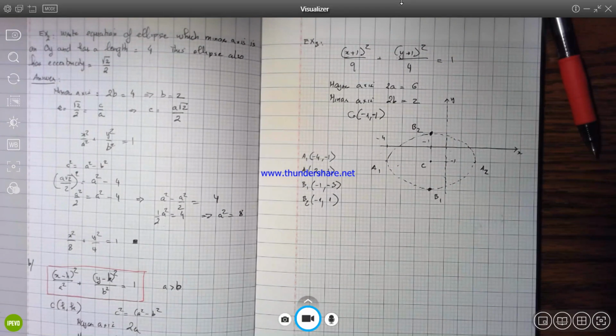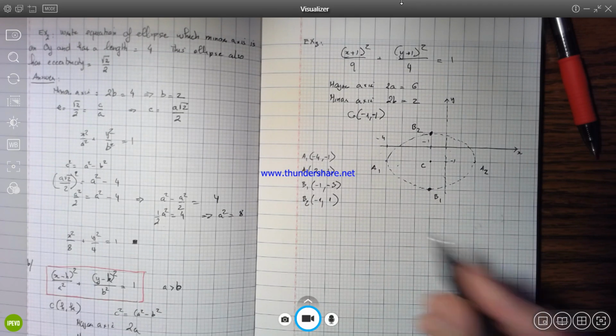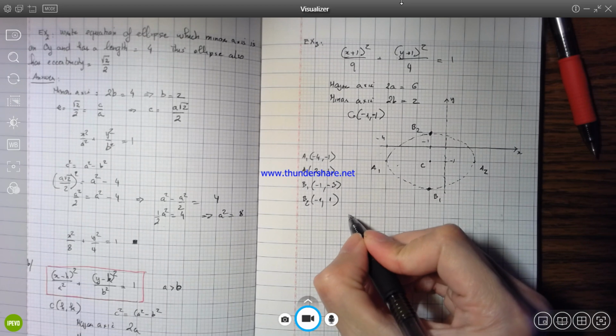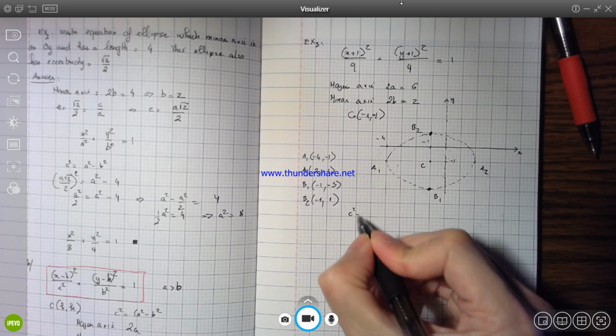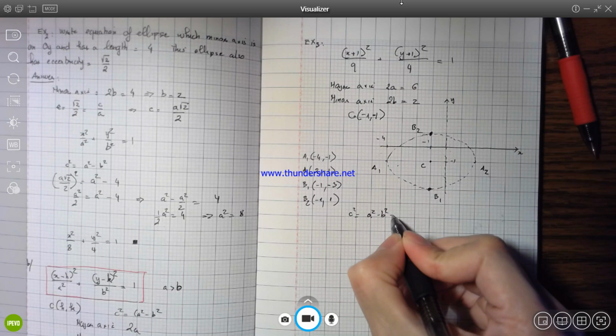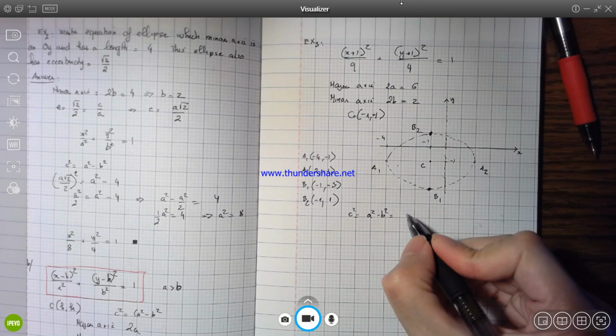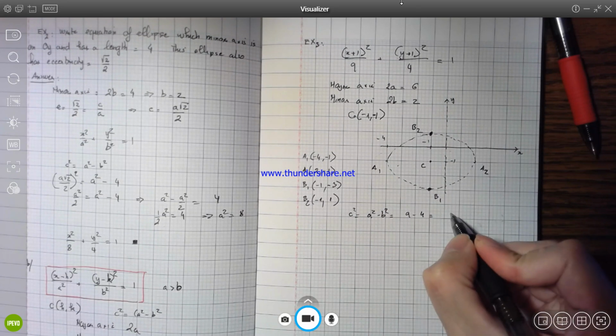Okay, and now I can get the center and the focus. We can get c, right? We know the relation between a, b, c is that c squared equals a squared minus b squared. In this case, it will be 9 minus 4, so it will be 5 again, right?